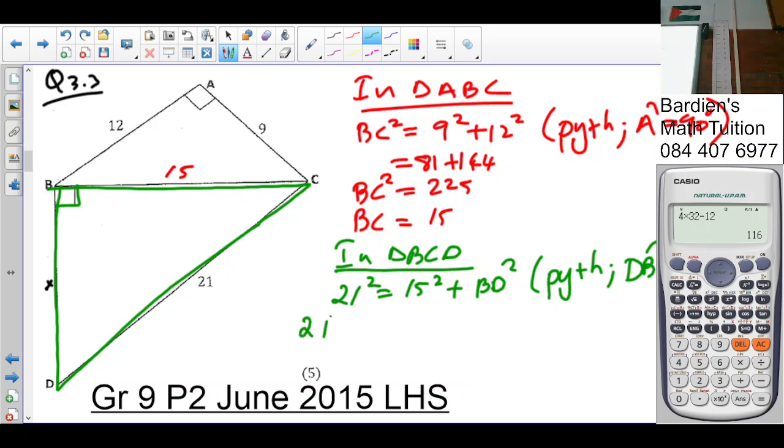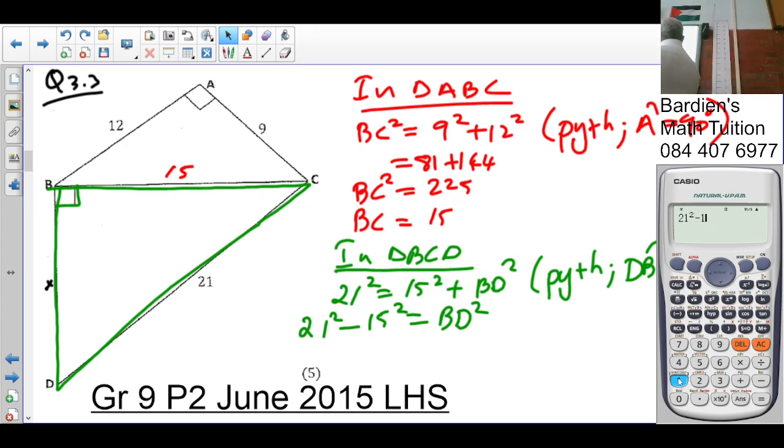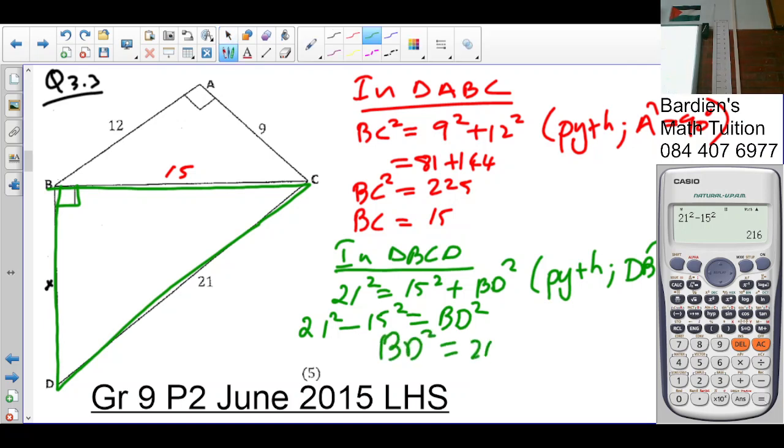So 21 squared minus 15 squared is equal to BD squared. So 21 squared minus 15 squared is 216. So what do I do now? The square root thereof will give you 6 root 6. Is that correct? Or if you press SD, 14.69, so 14.7 units. Okay.